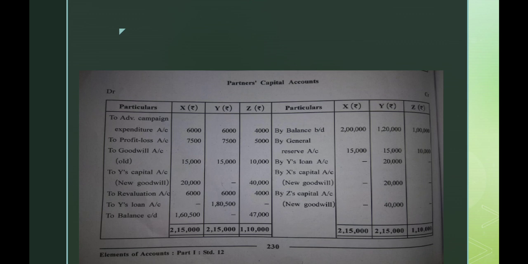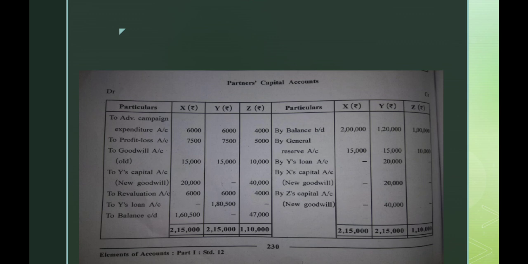It is new goodwill. We have solved all these adjustments and we have also posted this. Again, if you have changed the order of posting, that's completely fine. If you have written advertisement campaign expenditure after writing goodwill, that's completely fine.